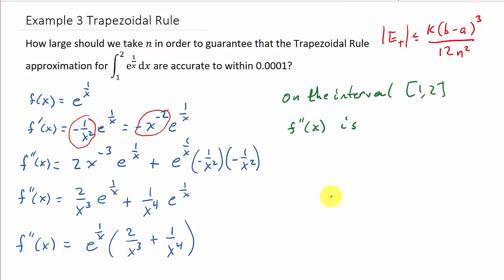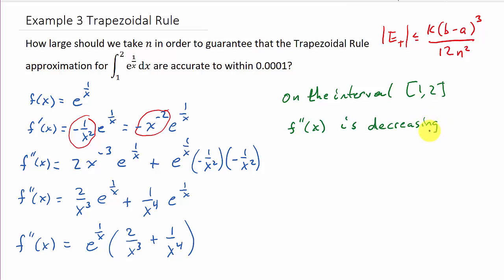If my x values are getting larger and larger, okay, the denominators here are getting bigger and bigger. And when the denominators get bigger, the whole fractions get smaller and smaller. So that tells us that f double prime of x, as I'm going on this interval 1 to 2, is decreasing. Okay, f double prime is decreasing.